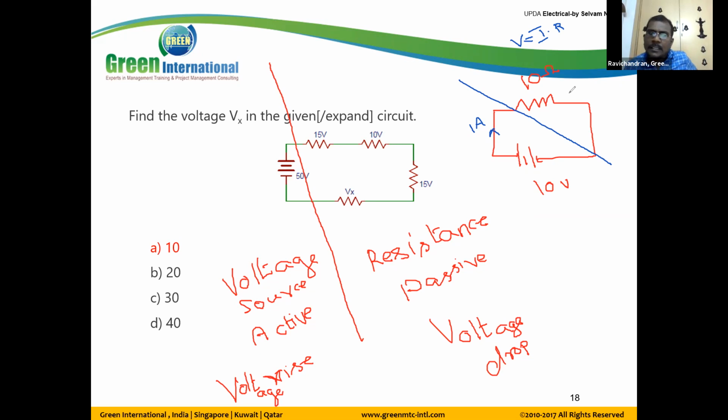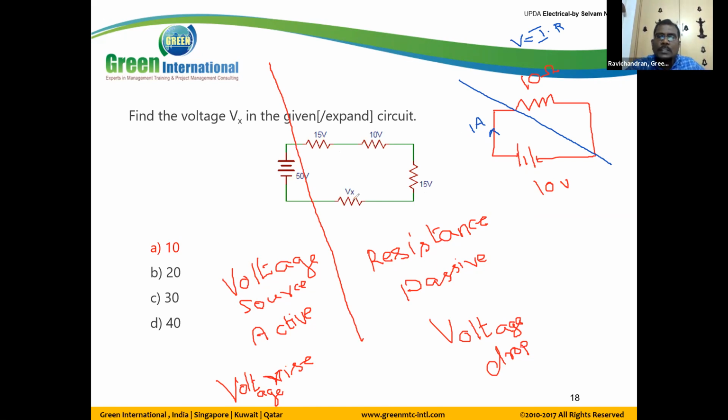So Kirchhoff's voltage law is applicable when the circuit is closed or a particular branch is closed.